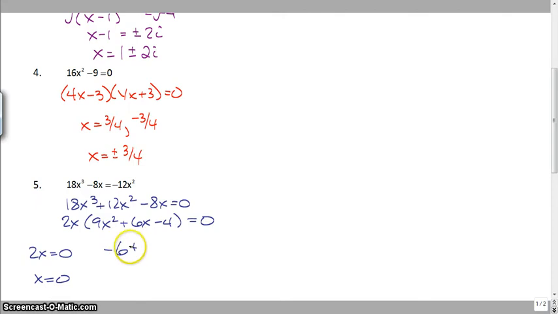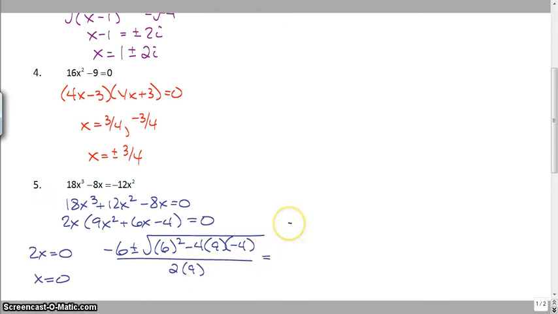Opposite of b, plus or minus the square root of b squared minus 4 times a times c, all over 2 times a, and just work it out. So you're going to have a negative 6 plus or minus the square root of 180 on the inside all over 18, and that's going to give you a negative 6 plus or minus 6 root 5 all over 18.